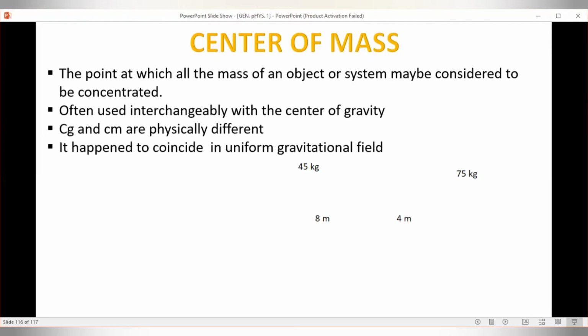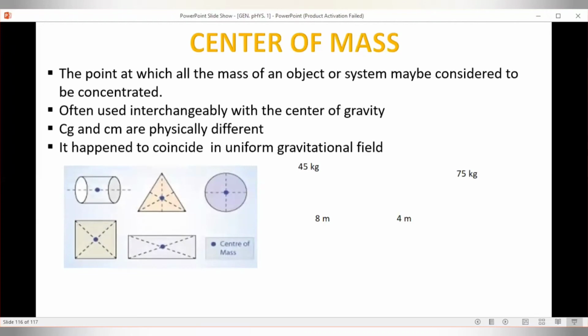Nagiging parehas lang sila kapag yung kanilang gravitational field is uniform. Okay?